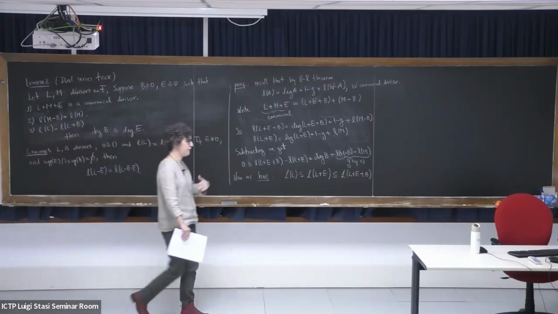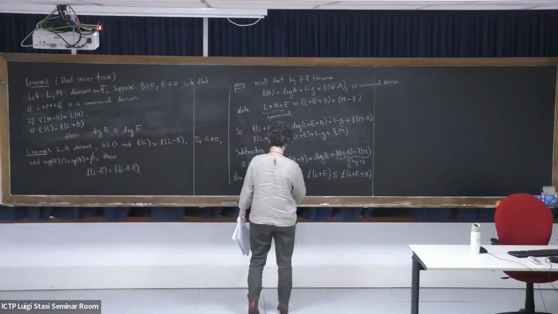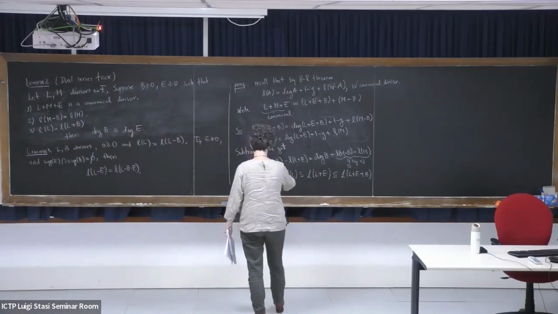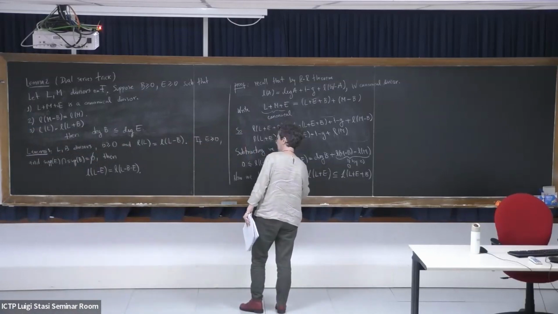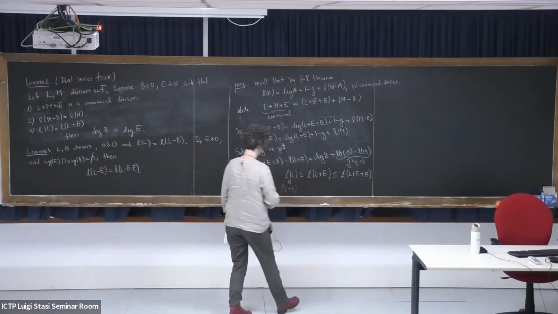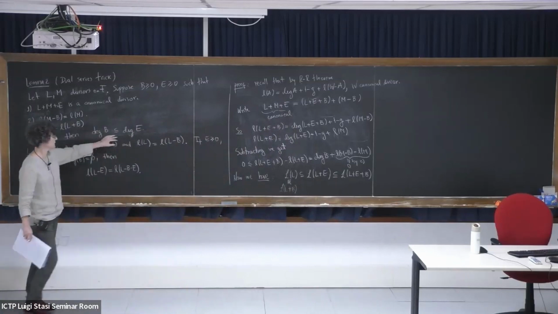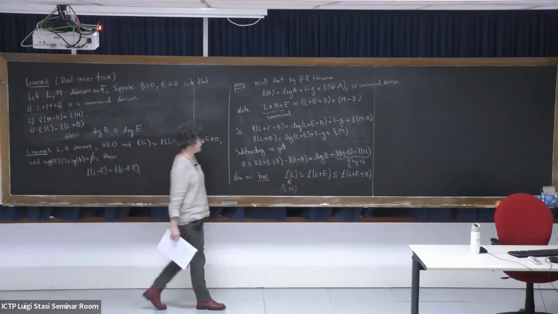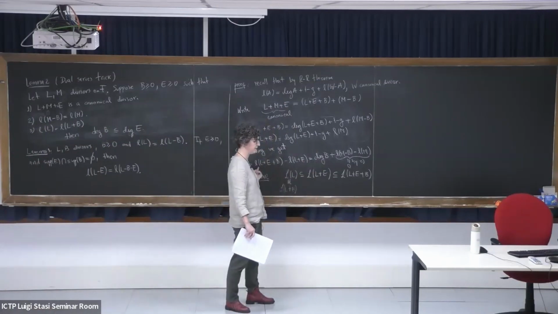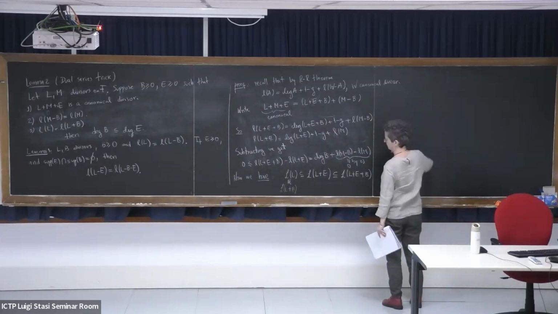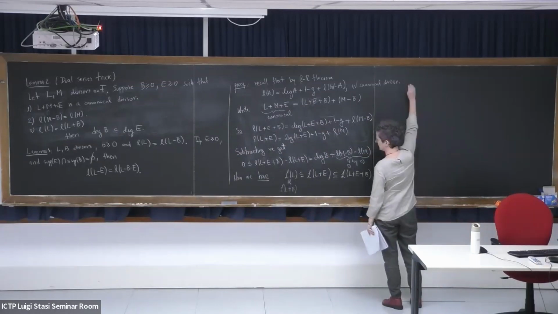They are all finite dimensional vector spaces, so they are actually isomorphic, this one and this one. What we want to prove is that the degree of B is smaller than this, and here we have the degree of B. Now we just do the computation to the other side.